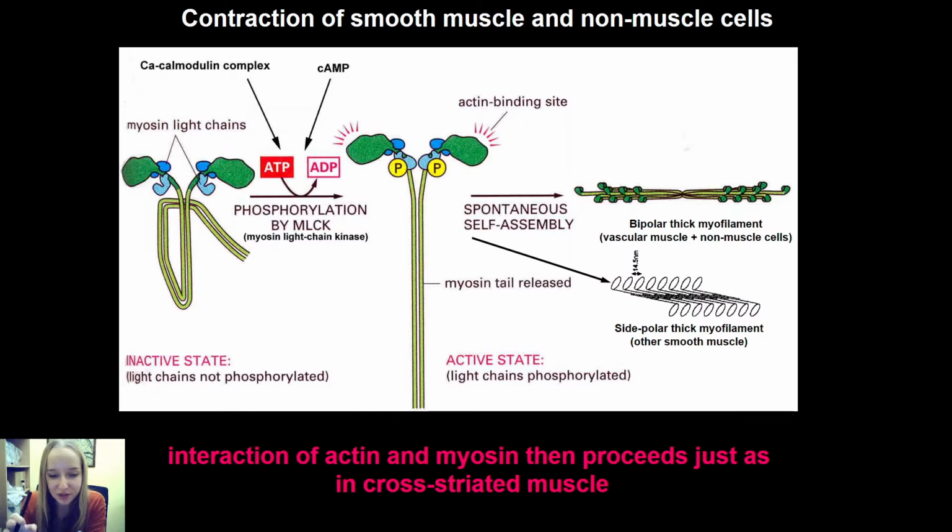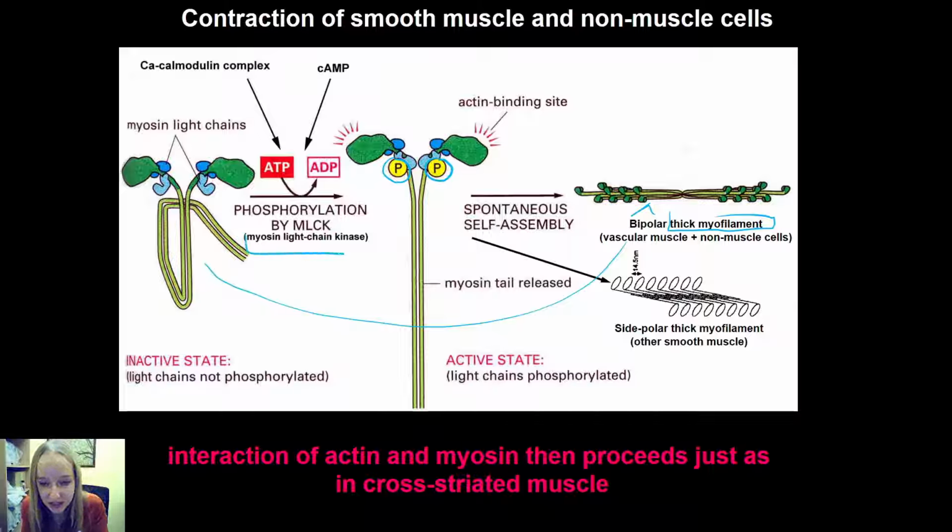In order for the myosin molecule to form a thick myofilament, it needs to be stretched, and it's stretched because of the phosphorylation right here, which is provided by myosin light chain kinase.